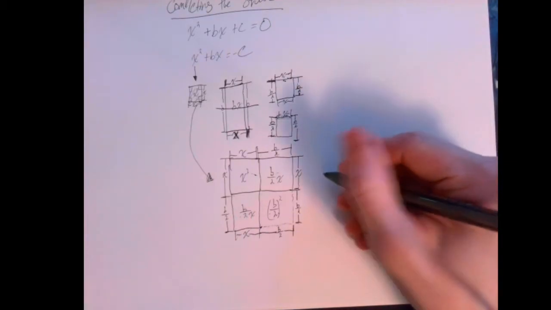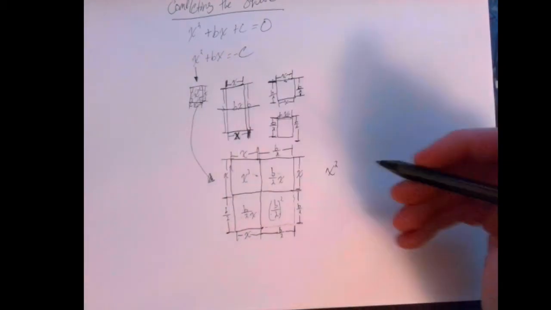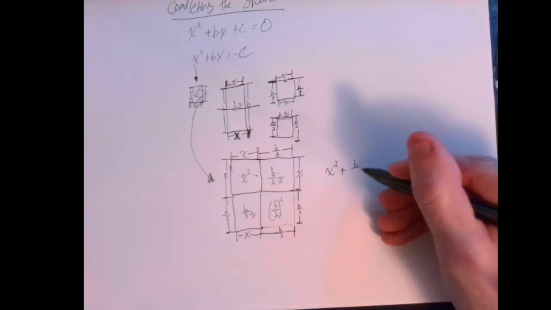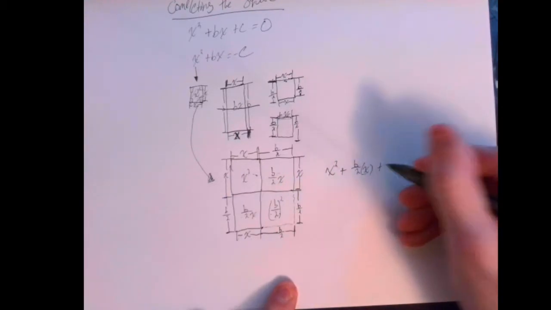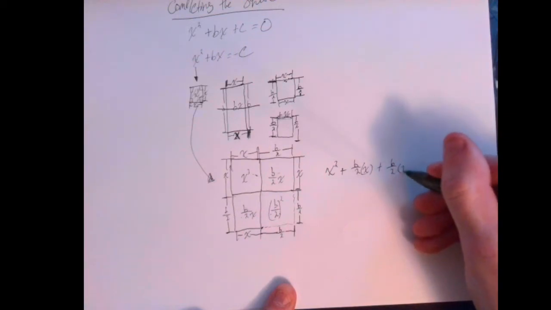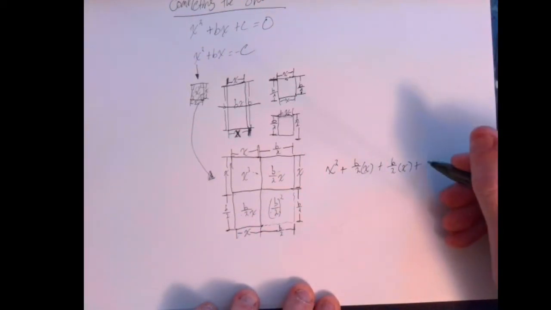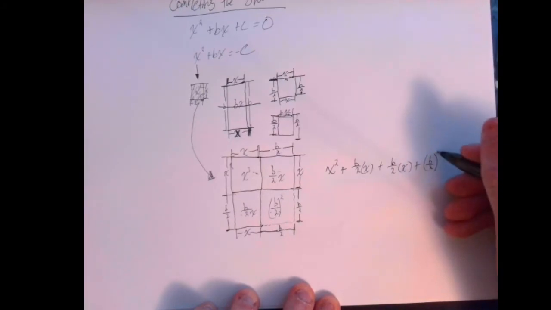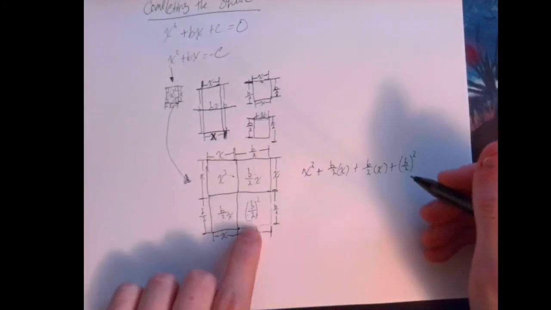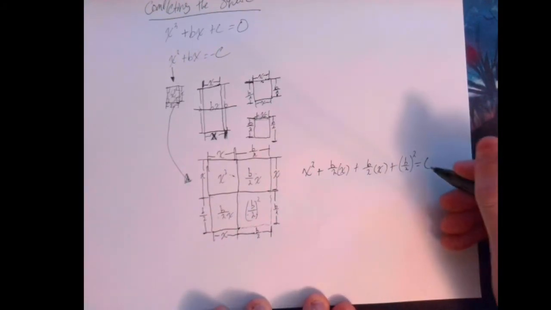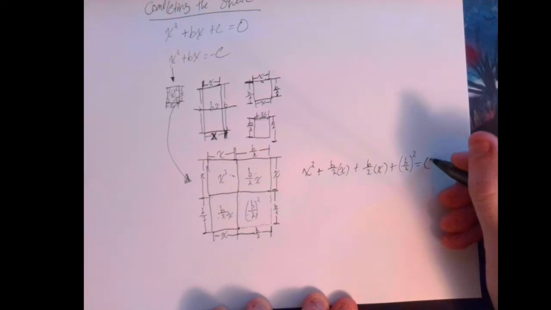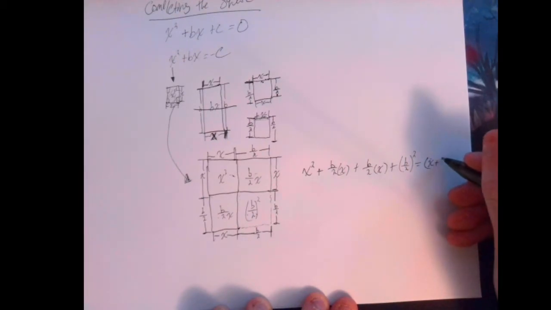So we have x squared, which is here, plus b over 2x, which is there, plus another b over 2x, which is here, plus b over 2 squared, which is this one, equals the length of this side times the length of this side, which we can write as x plus b over 2, all of it squared, right?